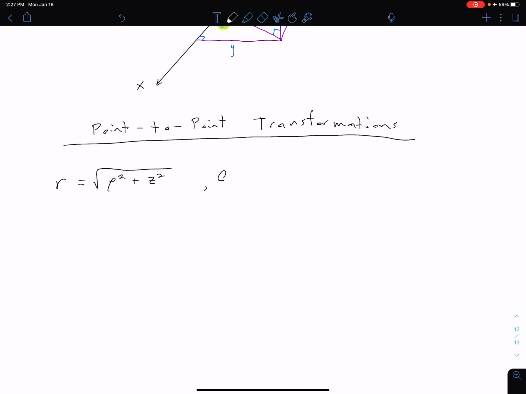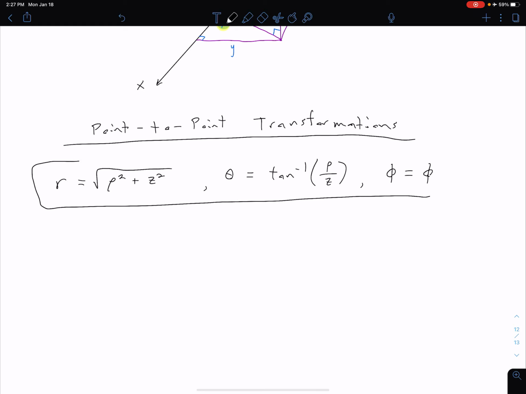Our theta is equal to the inverse tangent of rho divided by z, and our phi is of course just equal to phi. We notice with these first two terms that these are just combining equations that we had in the previous two videos. So we're essentially just simplifying.